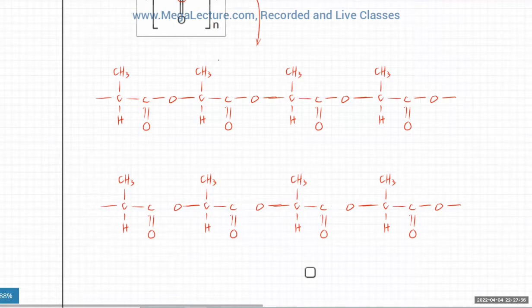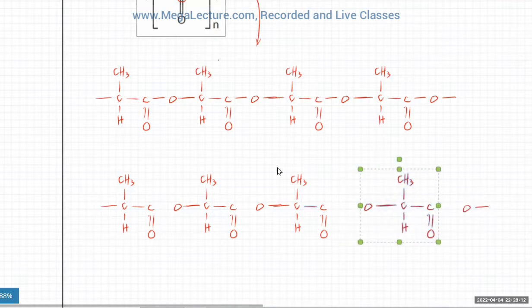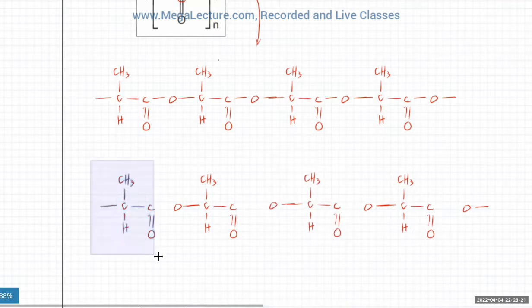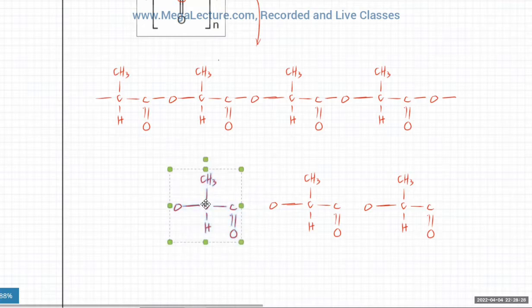This ester link is gone, and the ester link over here is also gone. Now I'll try to separate them. Basically we're getting the same thing. If I break the ester link, I'm pretty much getting the same thing. Let me just remove a few of them. So all I've done is broken the ester link.